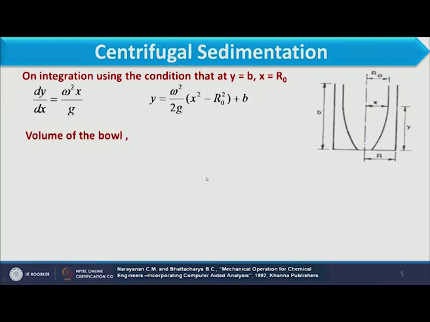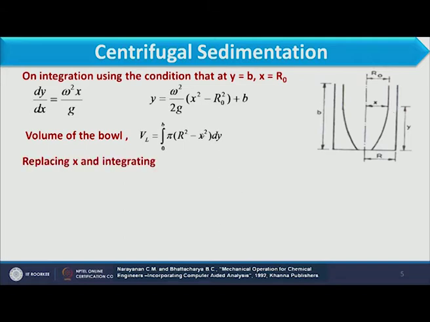Now, the volume of the bowl. We calculate the volume of the liquid, VL, by integrating from 0 to b of pi (r square minus x square) dy, that is, at a particular point, pi (r square minus x square) for this particular section, into dy. So that is the volume of the liquid in the bowl.